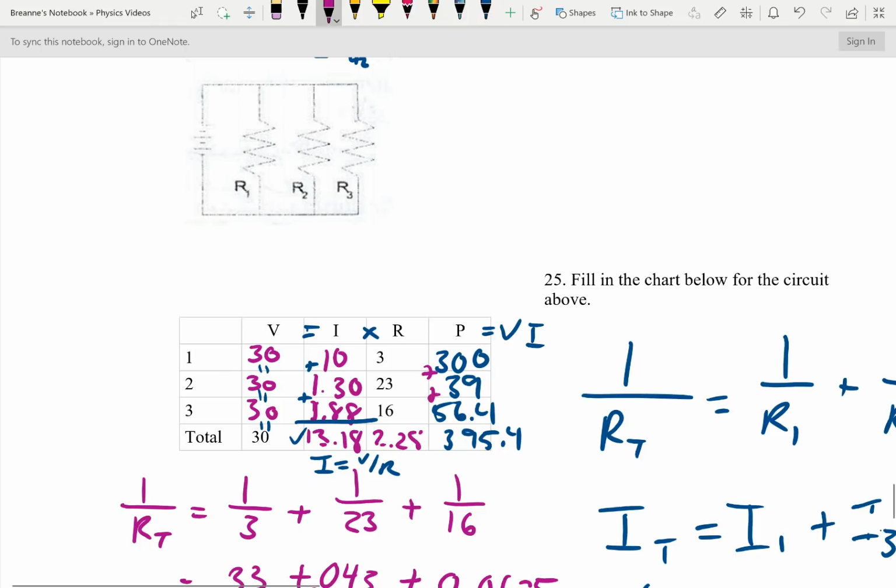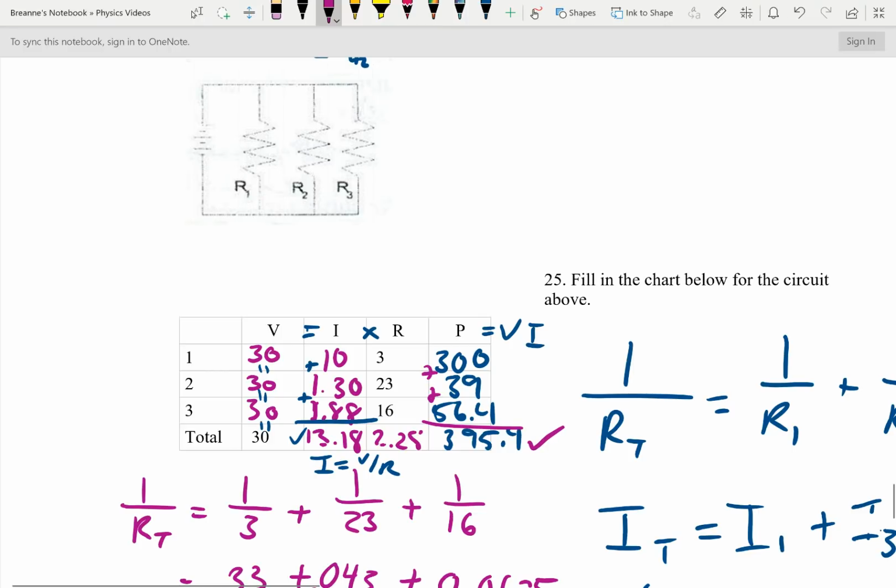To check, these should just be added up. So we're going to do 56 plus 39 plus 300. That gets me about 395.4. Woohoo! We did that one right.